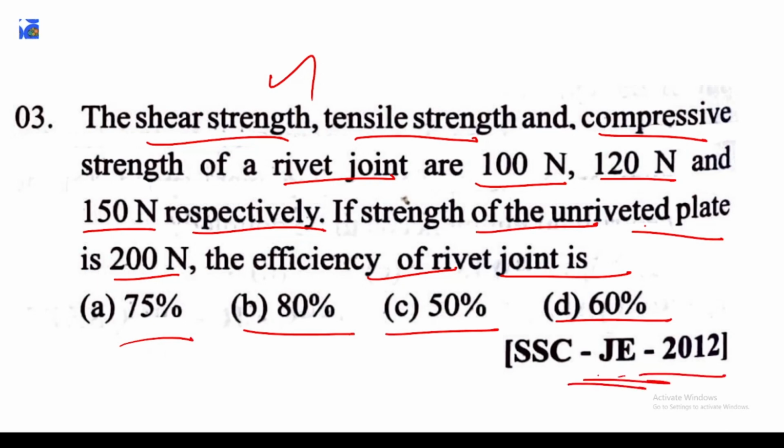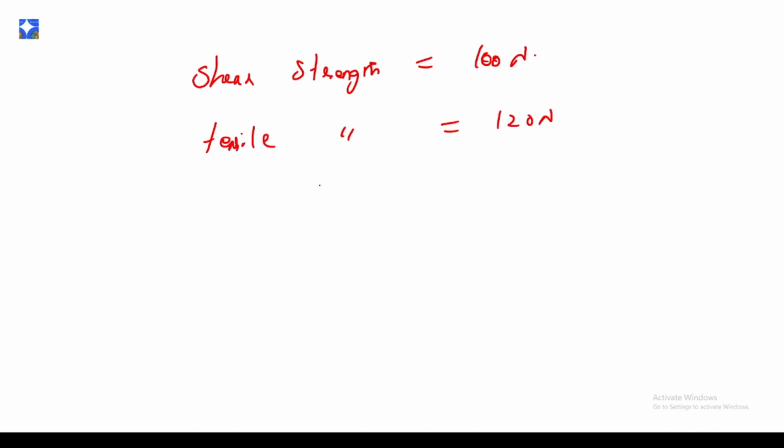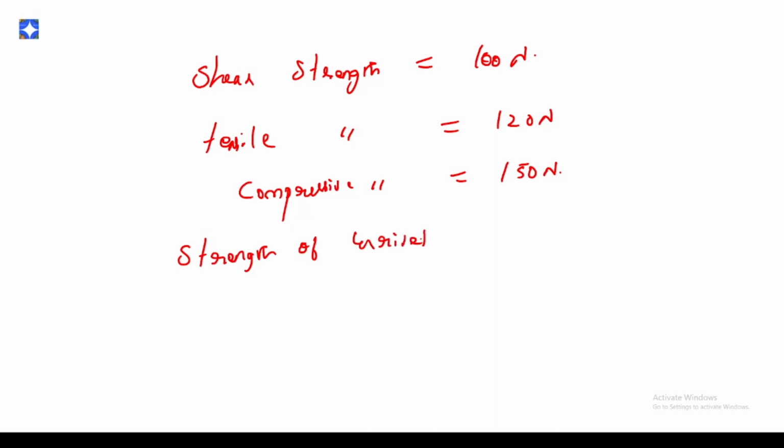The same year. So shear strength is given as 100 Newton, tensile strength as 120 Newton, and compressive or crushing strength as 150 Newton, and they have also given the strength of the unriveted plate as 200 Newton.